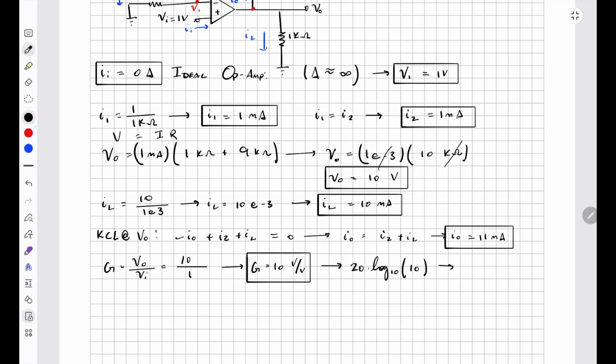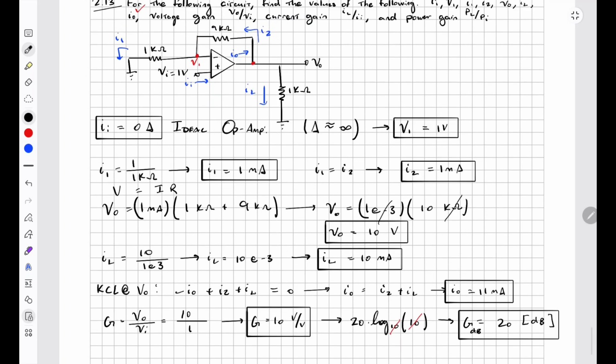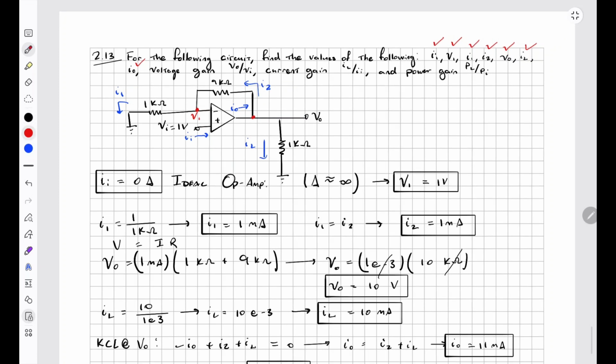We don't need a calculator because we can see that this 10 is gone, right? So what's left is 20. So the gain in dB is equal to 20 decibels, is the unit. Okay, and so we have solved for the voltage gain.